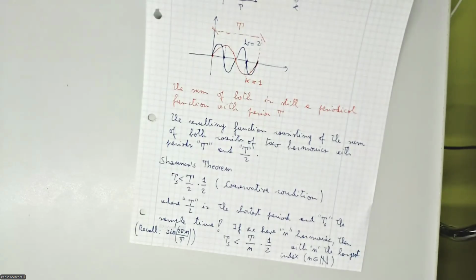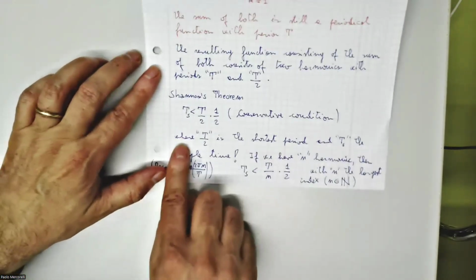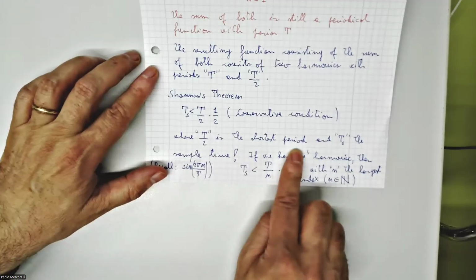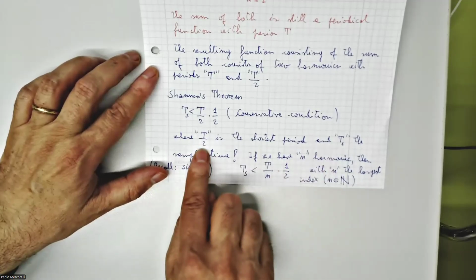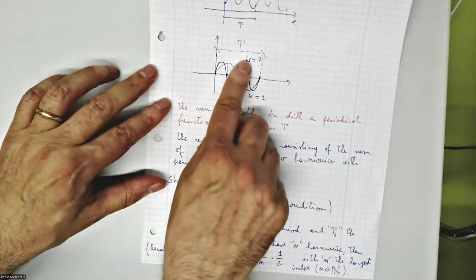Because we have a sum of functions, basically we consider a conservative condition, in which we consider the shortest period of the function which we have. Basically, this blue one.